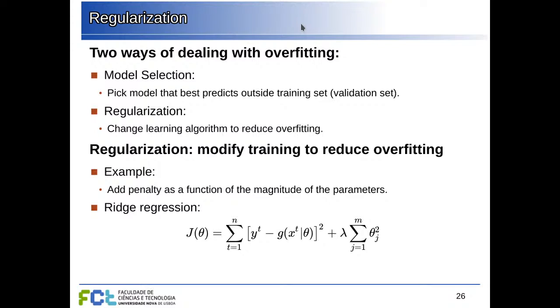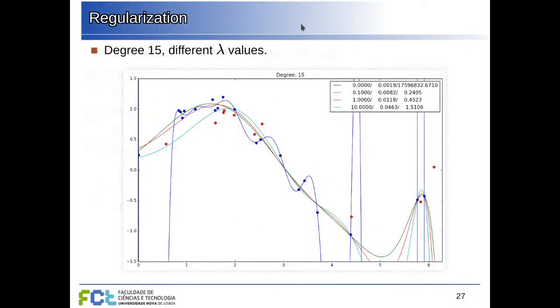This results in not allowing, during training, to so easily find a hypothesis that has very large values and that maybe adjusts too much to the training data, but then can go too far from what would be reasonable predictions.